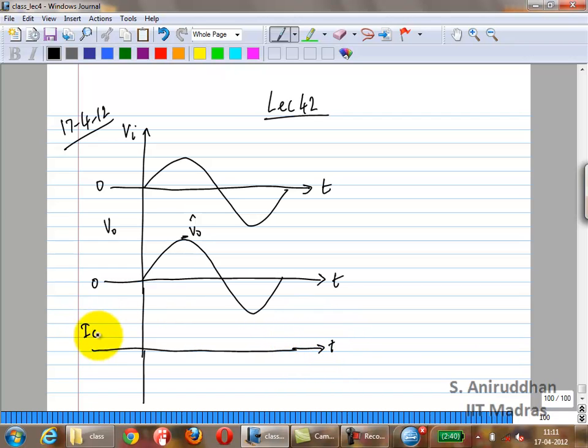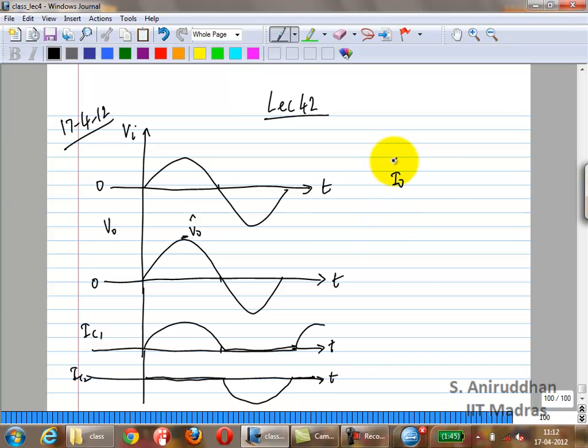If you draw IC1, during one half of the clock cycle it will conduct, during the other half it's off, and so on. If you draw IC2, exactly the opposite. Correct?